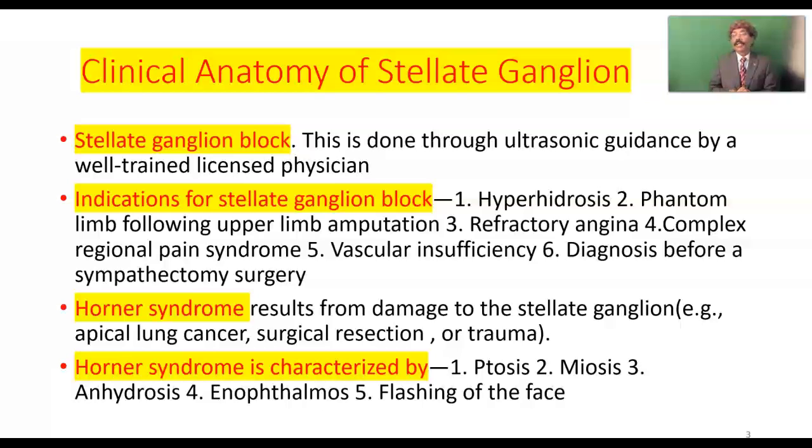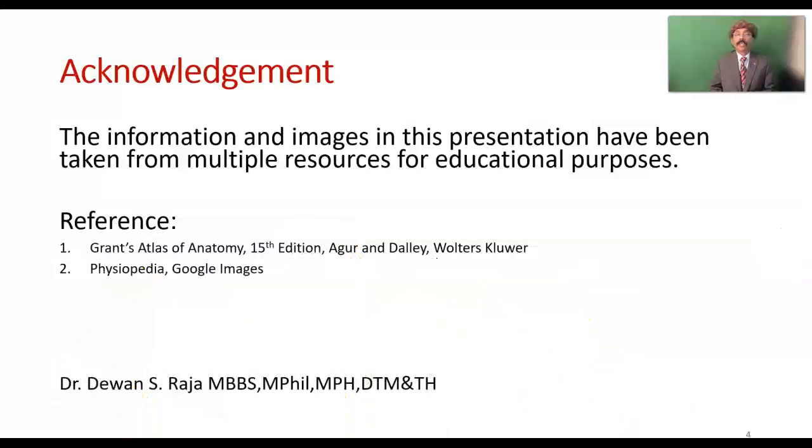But apical lung cancer, Pancoast tumor, may lead to Horner syndrome with all the features. That's all about the stellate ganglion or cervicothoracic ganglion, its location, and stellate ganglion block by local anesthesia.